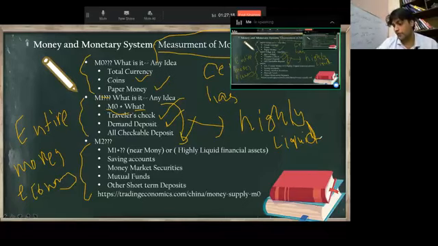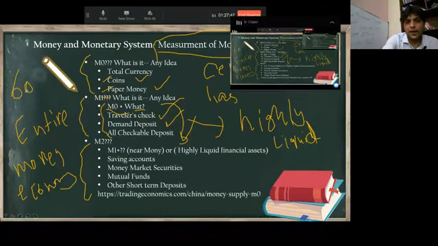So M1 money supply includes available currency in an economy and currency of the depository institutions and banks. We all know that. All are credit money. Even M0, coins and paper money, is also credit money because it's a promissory note, right? So the total M1 in China is around 60,000 and 130 billion RMB.